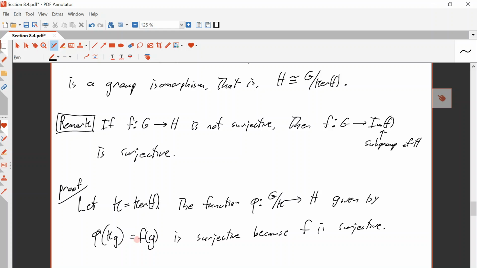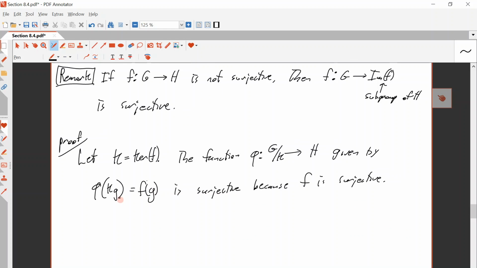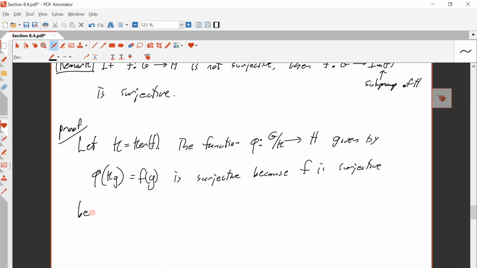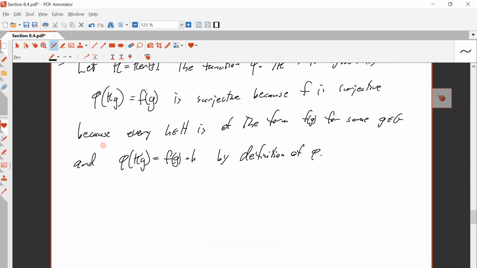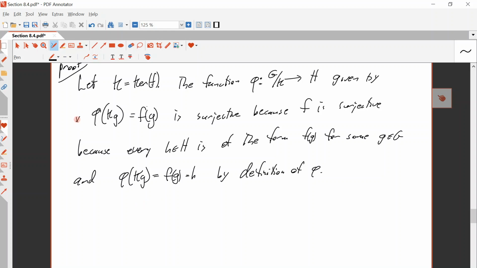So the coset Kg goes to F of g, which is every element of H. Every h in H is of the form F of g for some g in G, and phi of Kg is equal to F of g by definition of phi. So it's surjective. We also have to show it's injective.